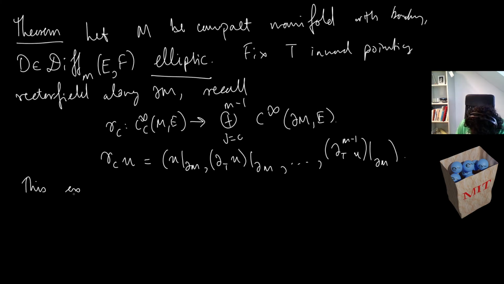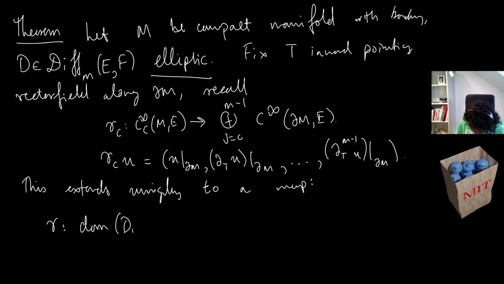This extends uniquely to a map gamma from dom D max now. So we're having our wishes fulfilled, to a bounded map, I should say, to a bounded map.